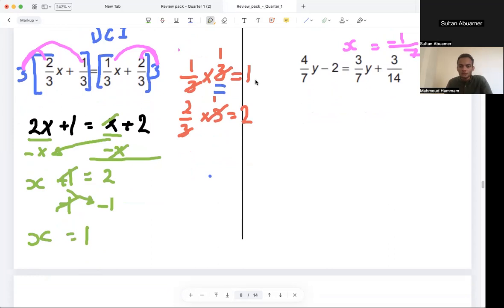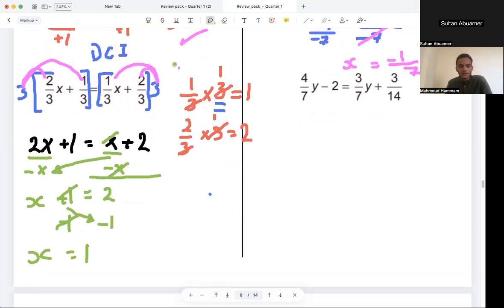Now let's move next. Let's ask Ali. Here, Ali, you have 4 over 7 y minus 2 equals 3 over 7 y plus 3 over 14. Now, what are the fractions that you have? Actually, I have 3 fractions. What are these 3 fractions?